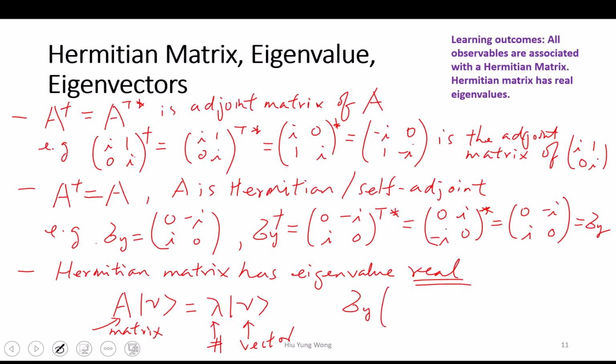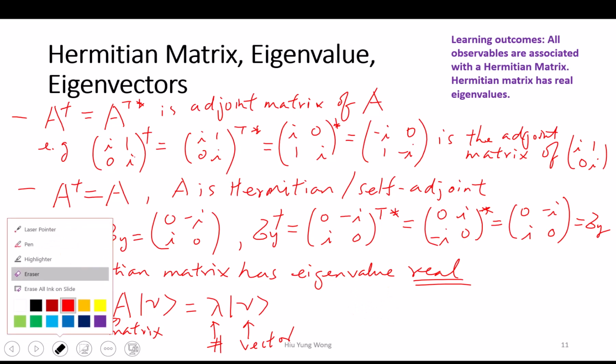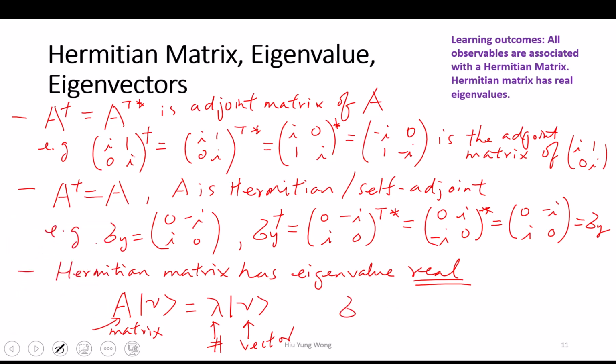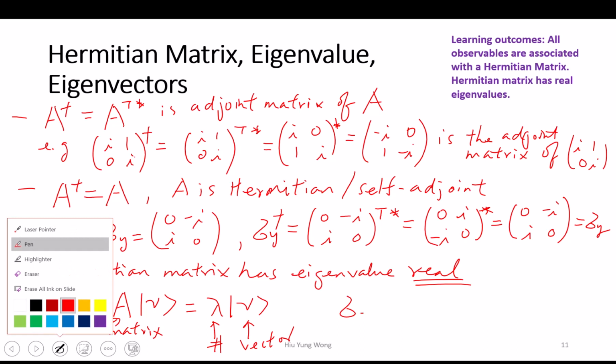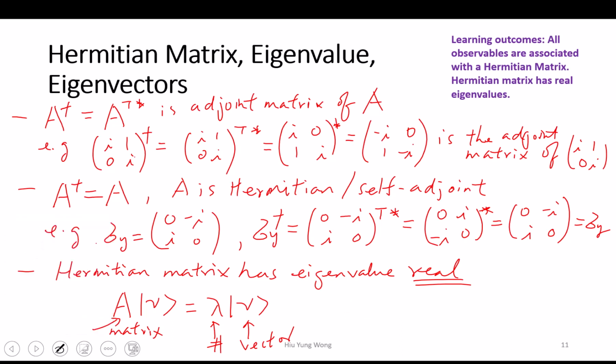For example, let me not use sigma y, since I forgot its eigenvector. Let's use z, which I actually gave you already. I can tell you z times a certain vector equals -1 times that vector. And z is what we talked about earlier, the z gate.